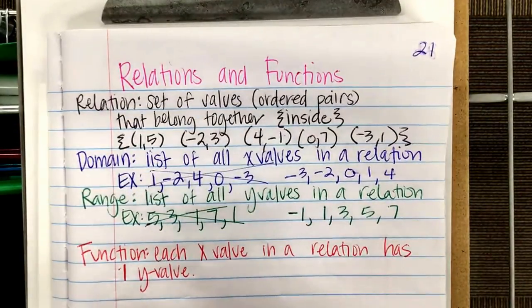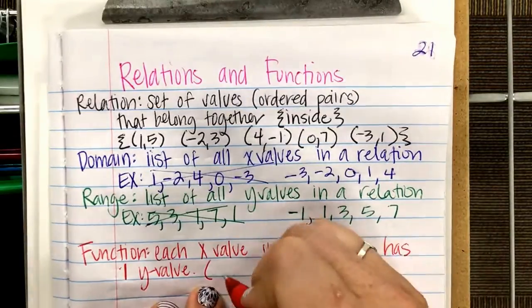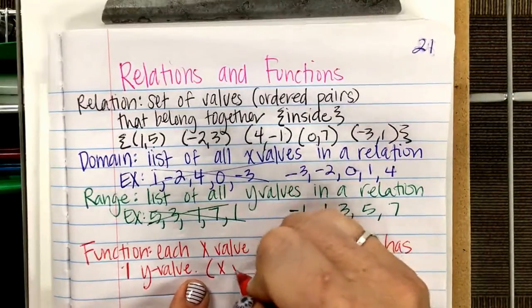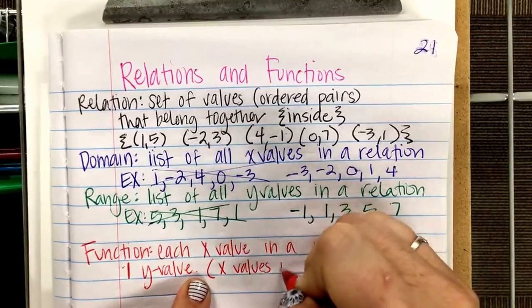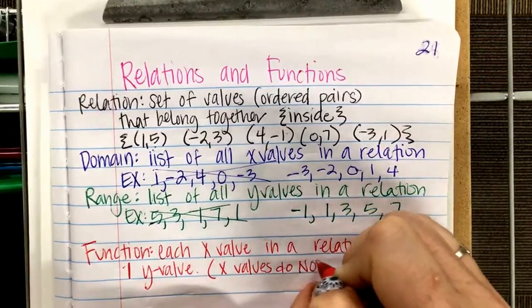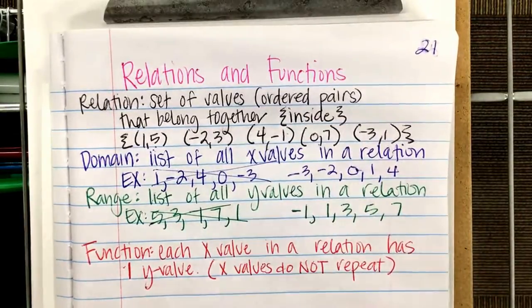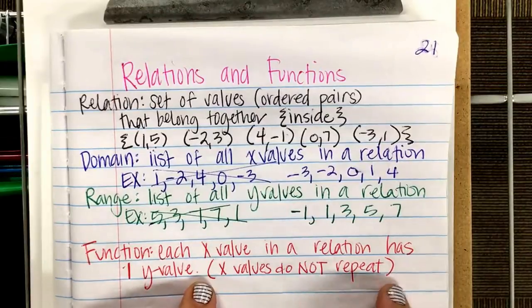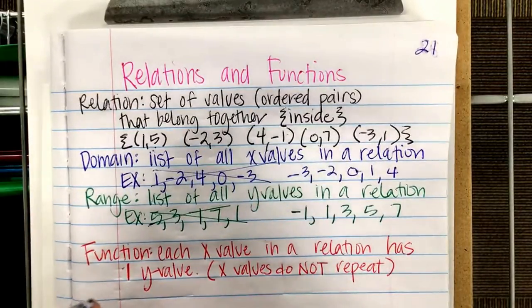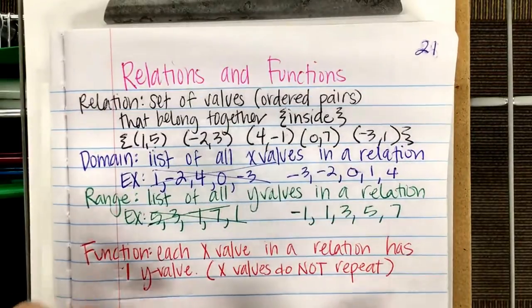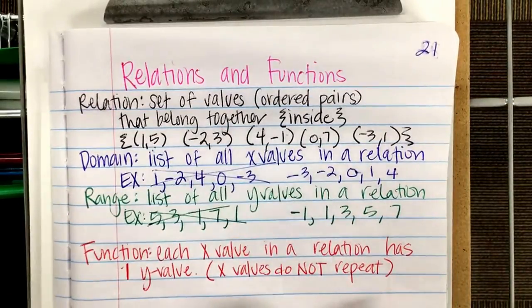It's kind of hard to visualize that when we don't know what it is. It means that the x values do not repeat. So if each x value is different in a relation, it's considered a function. If an x value happens twice, if an x value repeats, it's not a function.